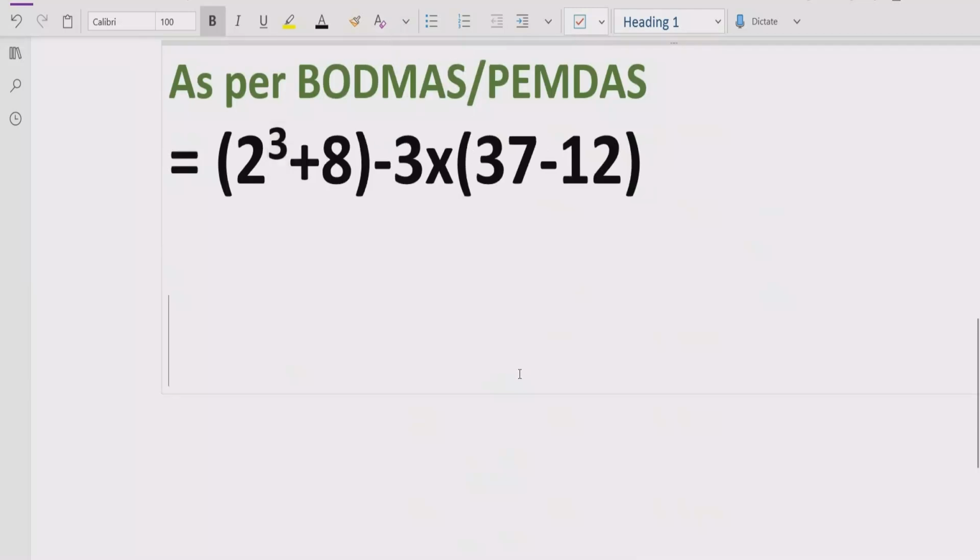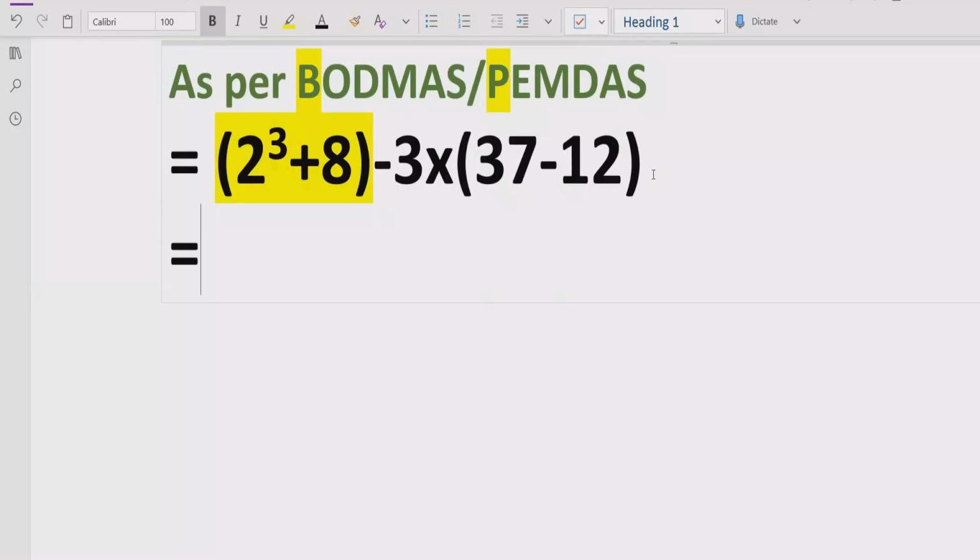Now we have to solve this expression. So according to the BODMAS and PEMDAS rule, we have to solve the bracket first, or you can say parenthesis. So here we have two brackets. One is this one and the other one is this one. So first of all, we will solve the first bracket.